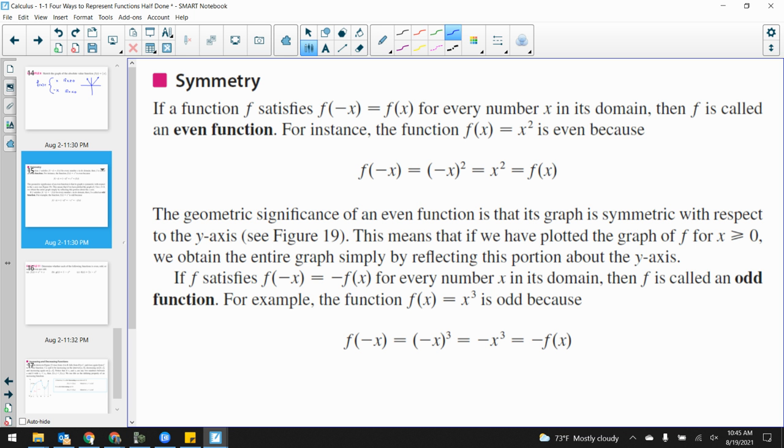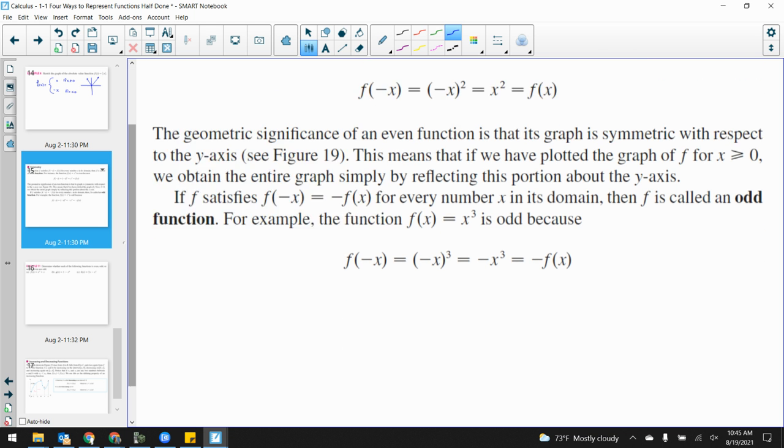That's what we mean by even functions. Even functions are symmetrical about the y-axis. So we talk about it in terms of algebraic properties versus visual properties. What does that look like? Well, algebraically, it looks like f of x is equal to f of -x. Visually, it looks like it's symmetrical about the y-axis. Okay.